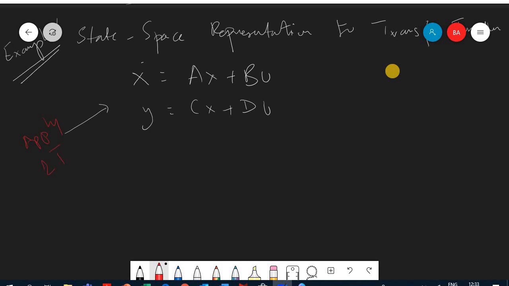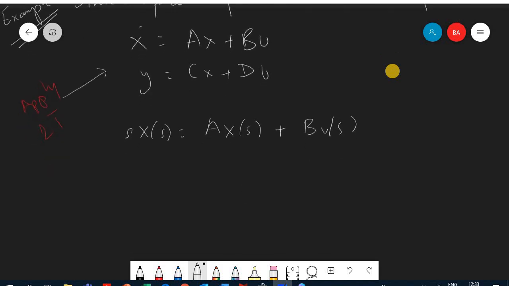what is going to be happening? We know that the Laplace of a differential equation x dot is s x of s, right? And this is going to be a x of s plus b u of s. And for the second equation, let me continue with x of s, which is the first part. Okay, so the first part, we're going to continue with x of s.